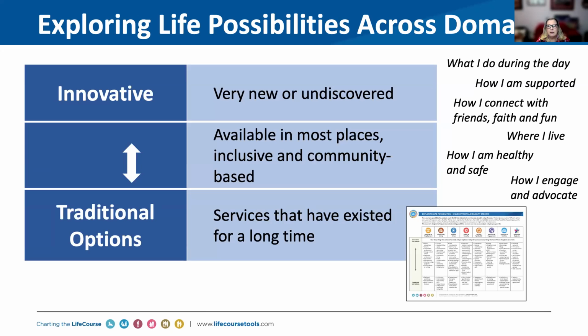We also want to think about what are the life possibilities across the different domains. So what I do during the day, how I'm supported, how I connect with family and friends and faith and fun, where I live, how do I stay healthy and safe? How do I advocate and interact with different types of roles that I might want to be involved with? And so when you see this diagram here on the left, this chart, we have innovative at the top all the way down to traditional options.